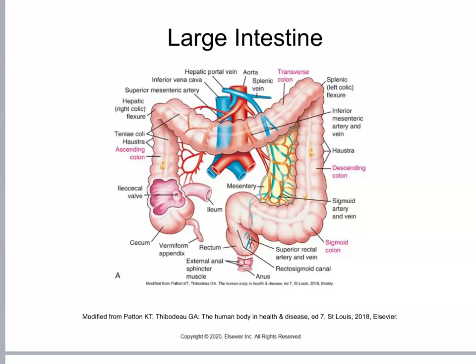The primary function of the large intestine is water and electrolyte absorption. So this is where the body grabs water, sodium, and potassium, so that we don't get dehydrated and we don't have electrolyte imbalance. When people have diarrhea, that function is not occurring. And so that can lead to problems like not having enough water and not having enough potassium.